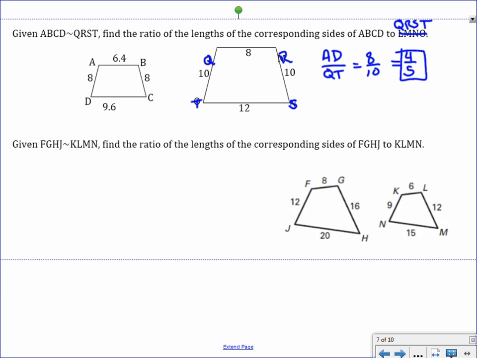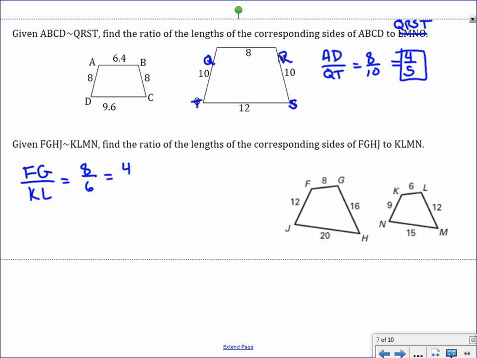Let's try the next one. FGHJ is similar to KLMN. Find the ratios of the lengths of the corresponding sides. Okay, so really you just pick two corresponding sides. So I'm going to use FG and KL, which are corresponding. FG is 8, KL is 6, and then we reduce that ratio.